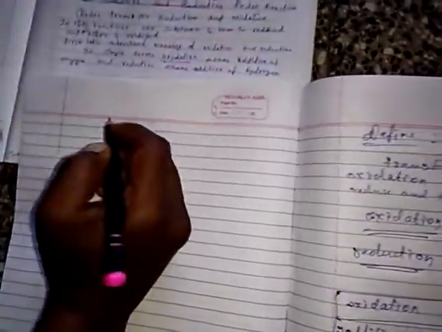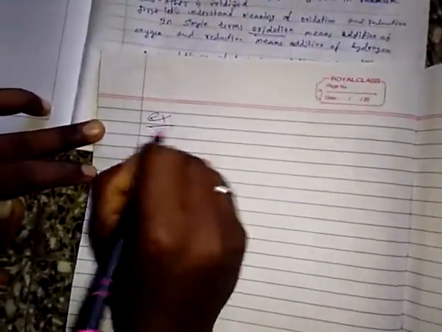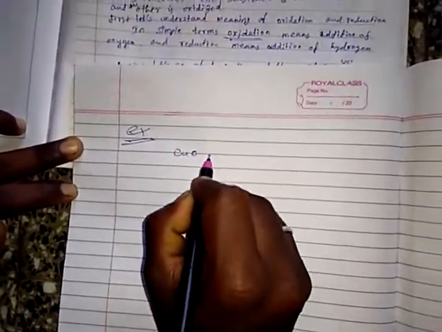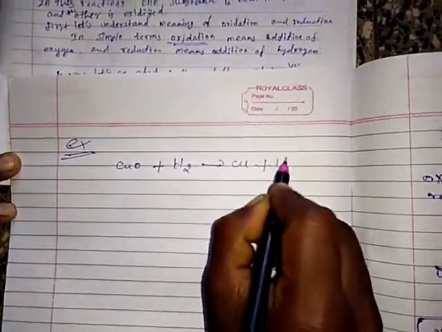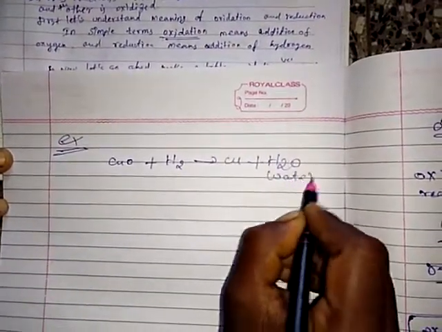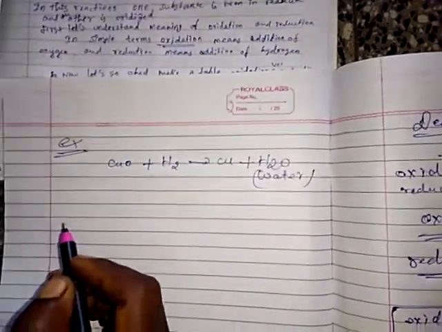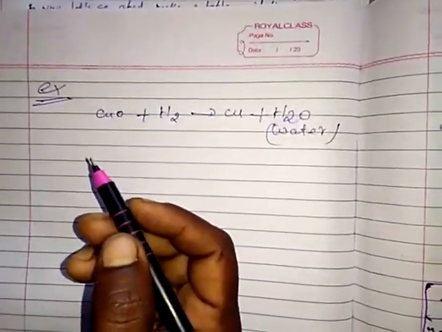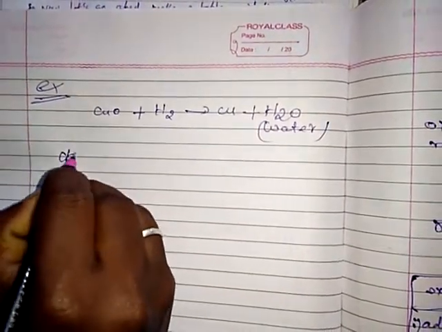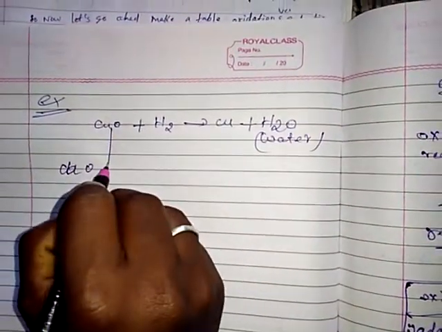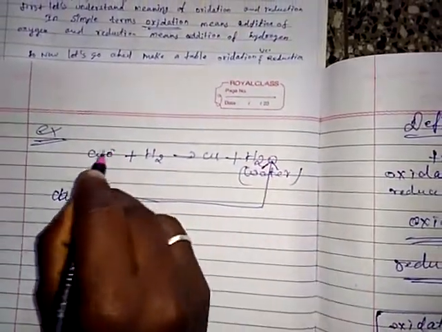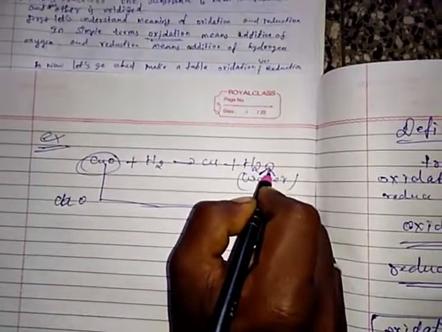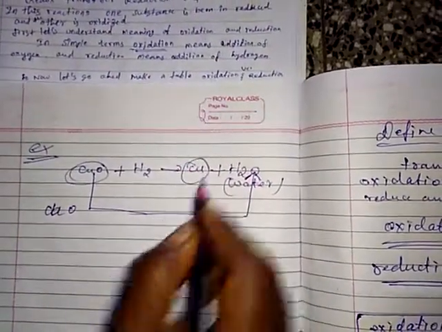Now let's look at an example of reduction. Copper oxide plus hydrogen gives copper plus water. Now let's take a look at the reduction point. Copper oxide is losing its oxygen and becoming copper.